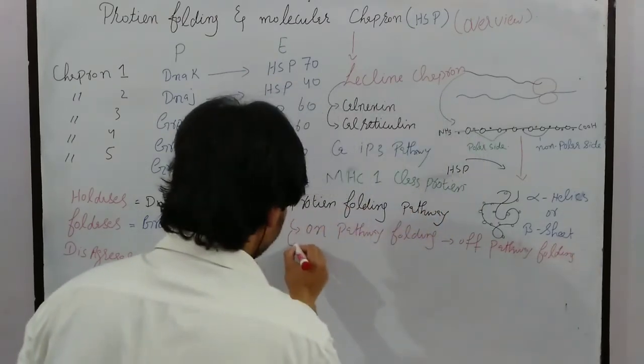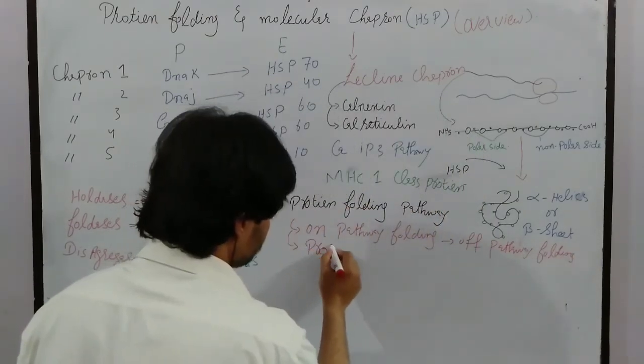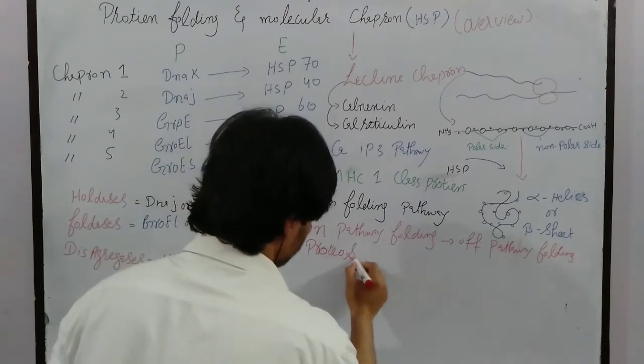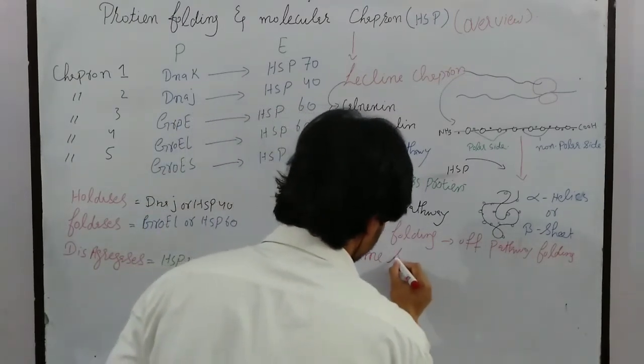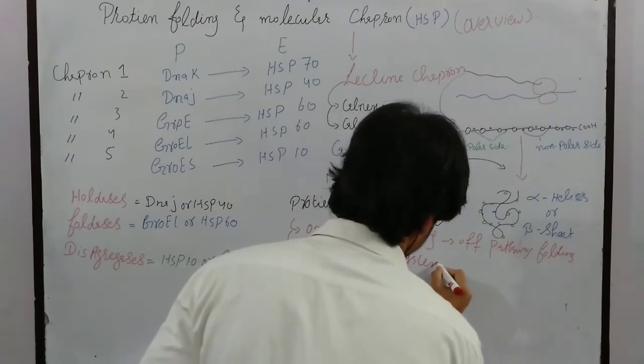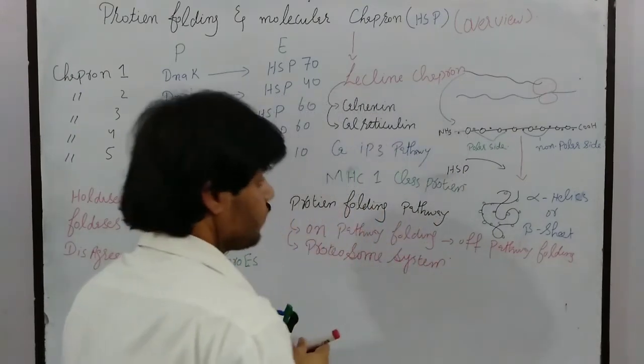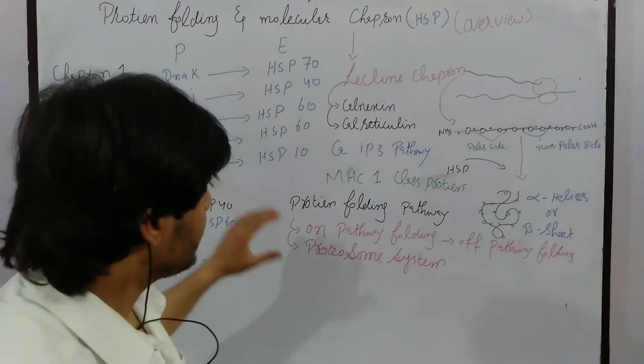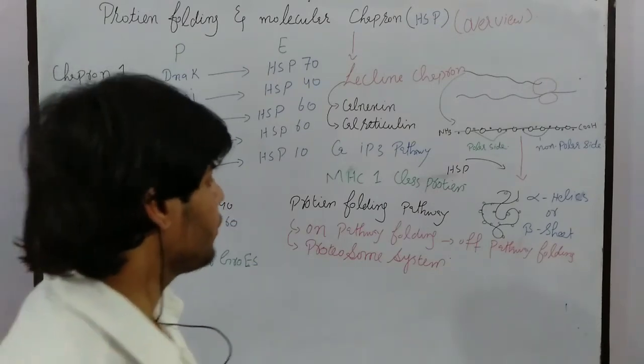And the third we call the proteasome system. So these are the pathways of protein folding.